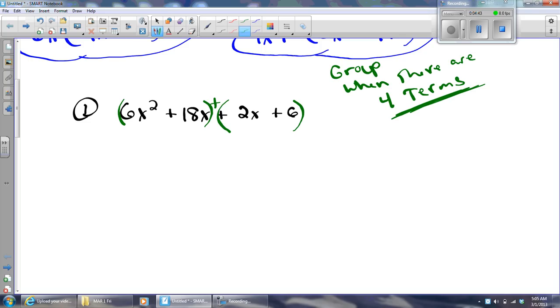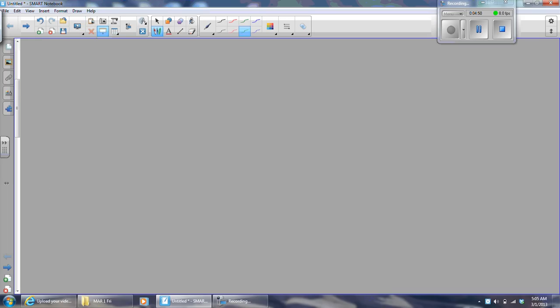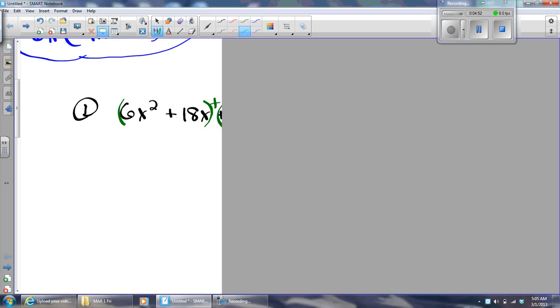Okay, now all I'm going to do is GCF this first group, which I know is real simple for you. GCF between 6 and 18 is going to be 6. GCF between x squared and x, put a little 1 there if I'm Ashley Leonard, is x.